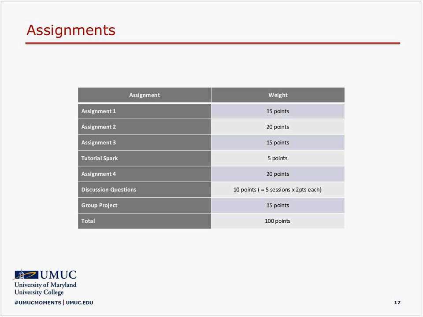This is the table from the syllabus. Please don't miss reviewing the syllabus so you are aware of everything. There are the 4 assignments, the group project, the discussion question, and the tutorial in Spark. This is something which you will have to learn in order to do the assignment.